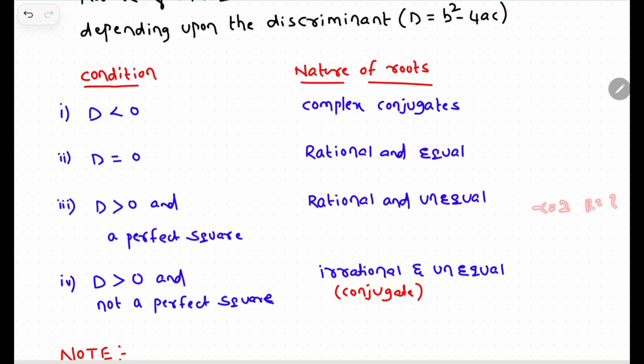Now if D is greater than 0 and not a perfect square, say D is 3, it is not a perfect square, therefore the roots are irrational, that is, I may get 2 plus root 3 and 2 minus root 3. So these two are irrational conjugates.